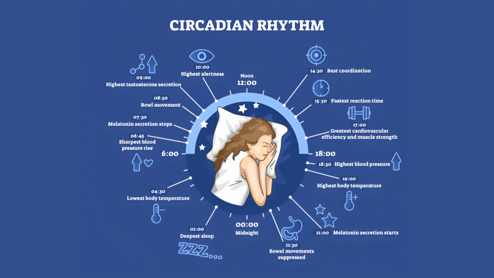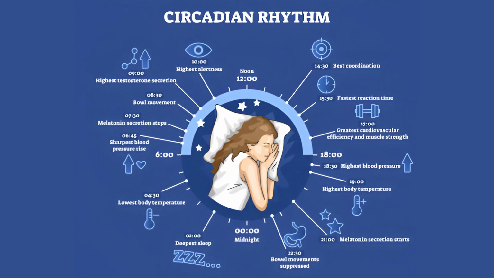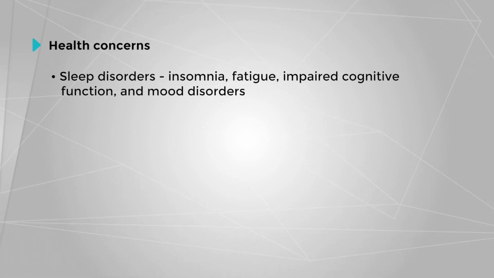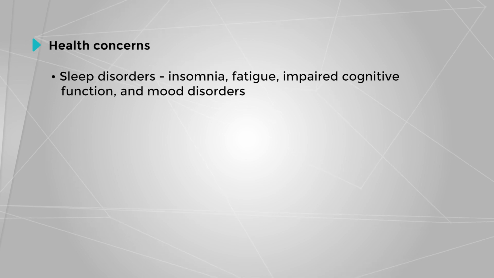One of the primary health concerns associated with light pollution is its impact on sleep patterns and circadian rhythms. This disruption leads to sleep disorders such as insomnia, fatigue, impaired cognitive function, and mood disorders.